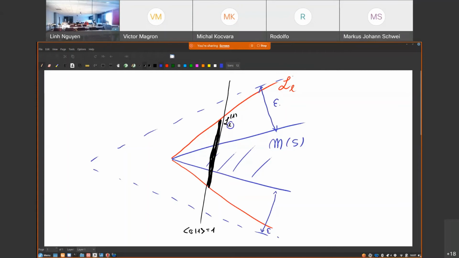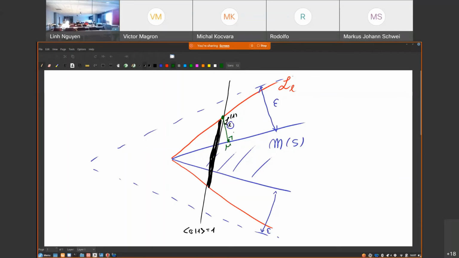And so what we can prove first is that the distance between this and this is smaller or equal than epsilon.